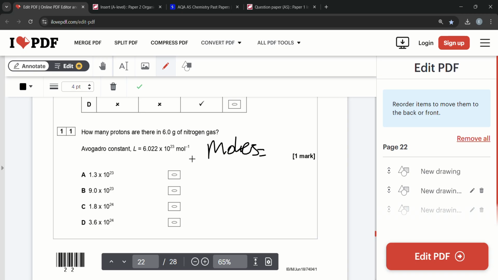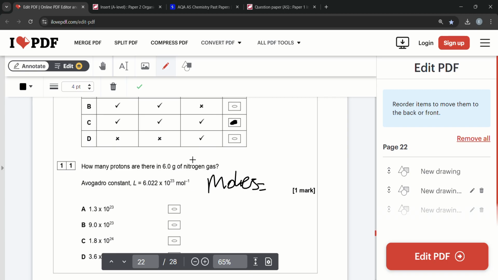How many protons are there in 6 grams of this? If we find out the moles of nitrogen gas, mass over Mr. So 6 divided by 28 because it's a gas, and then we times by Avogadro's constant.